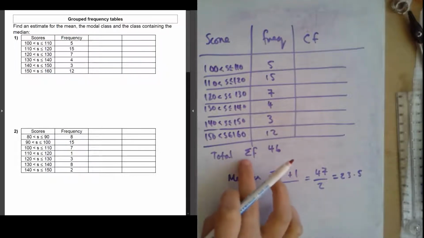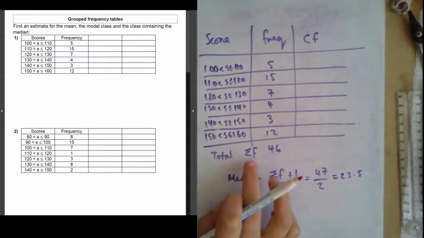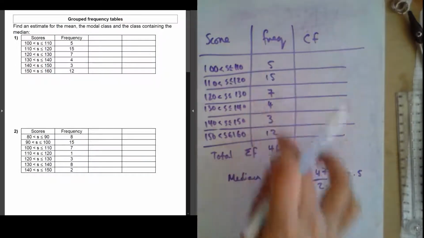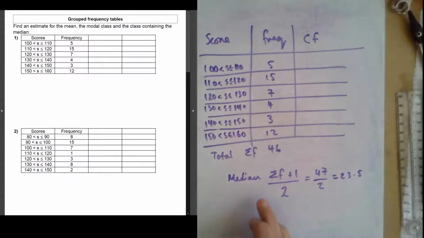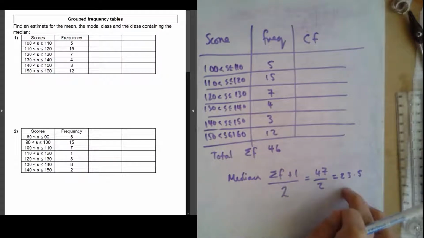It just means sum. It just means you're adding up everything. So the sum of the frequency, the total frequency, is 46. As you learned from last lesson, 46 plus 1 is 47, and then divide by 2 to find that halfway point. The halfway point is 23.5.